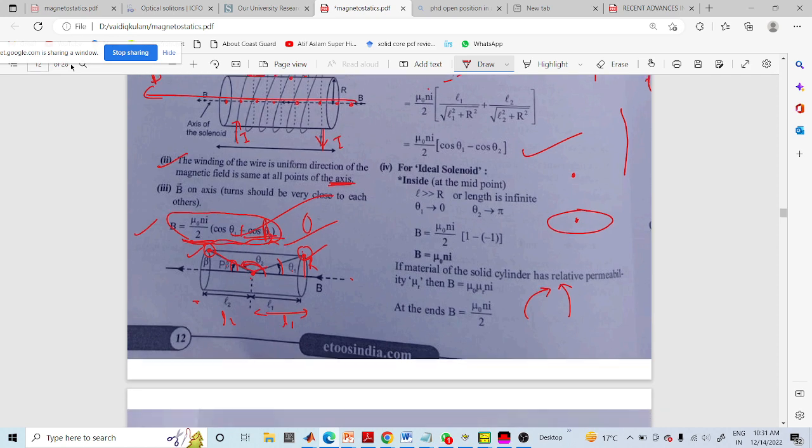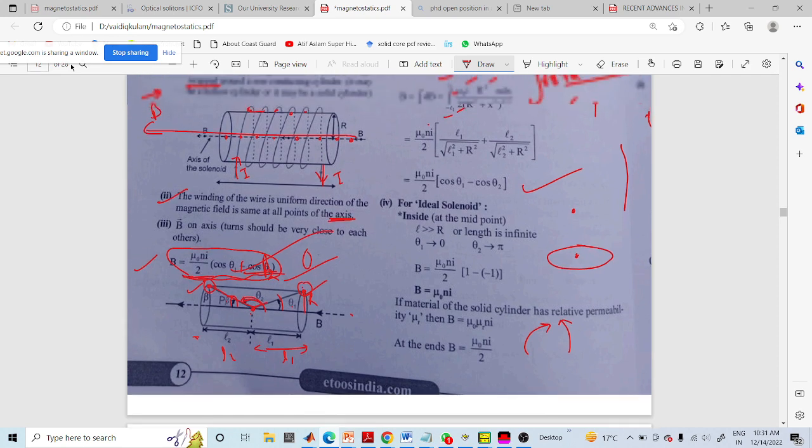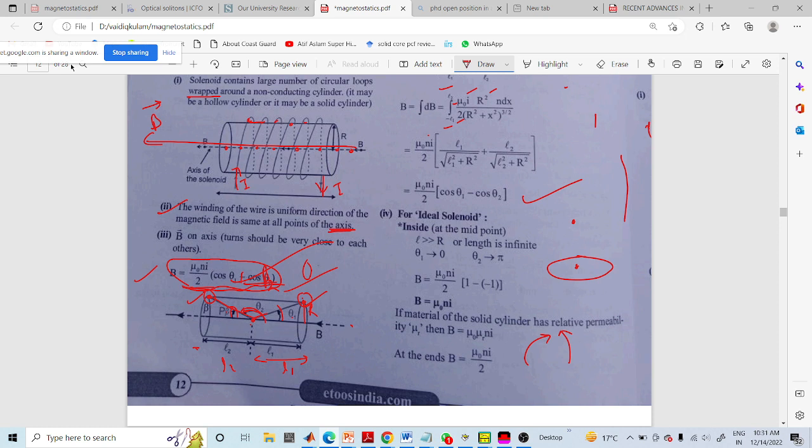Now for the ideal case, L is much larger than R. That means the solenoid is very long in comparison to this small r, right? So what will happen here?